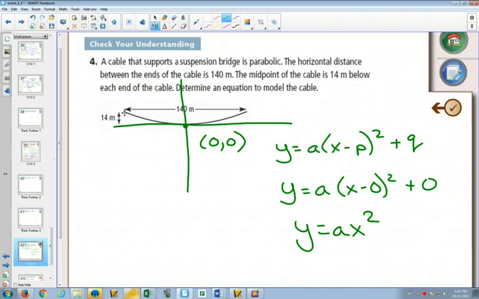Because our vertex would be at 0, 0. And we've seen in other questions, how do we find that a value? If we know another point on our graph, we can plug that in because that point makes our equation true, and then we'd be able to solve for our a value.